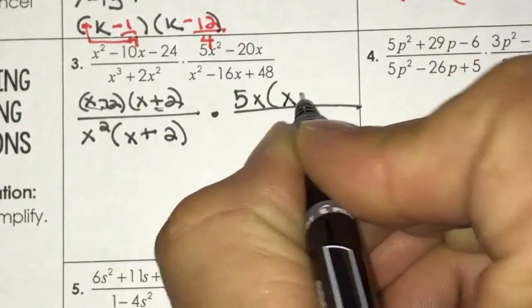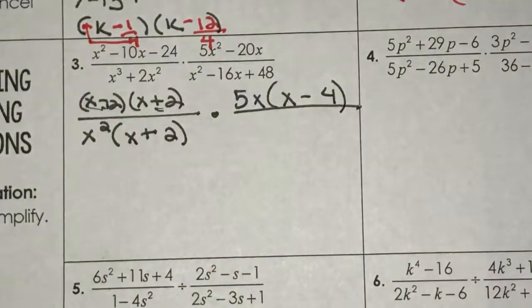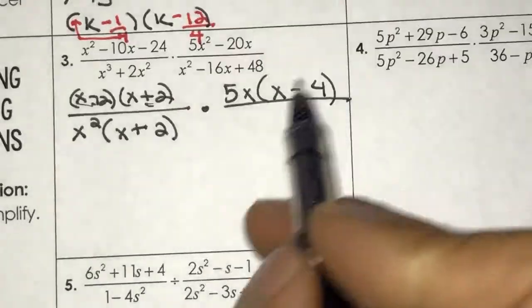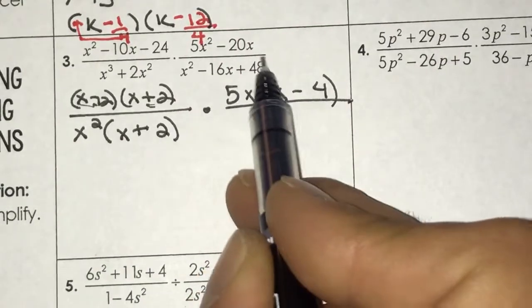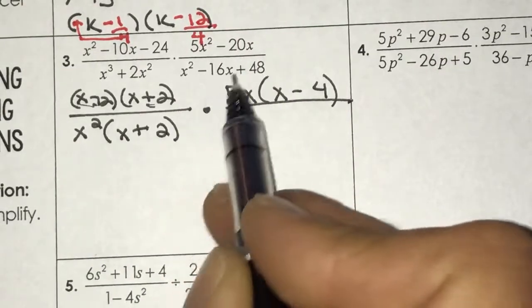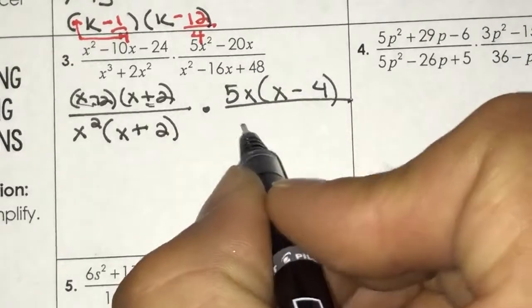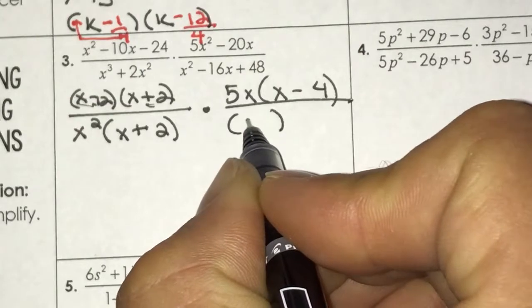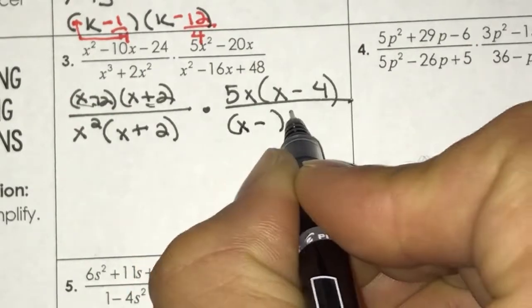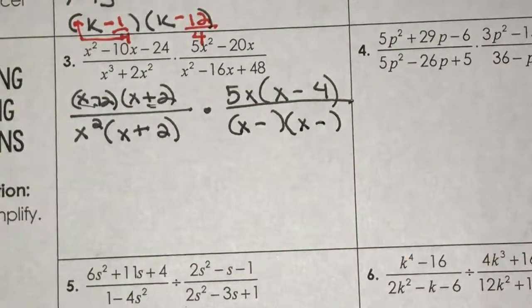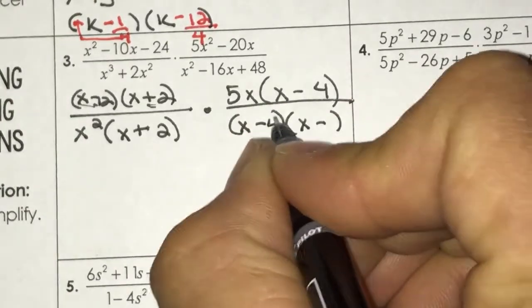So that would be x minus 4. And then down here, factors of positive 48 that add up to negative 16. So they have to multiply to be positive 48 and add to be a negative, so they're both going to be negative. And it should be 4 and 12.